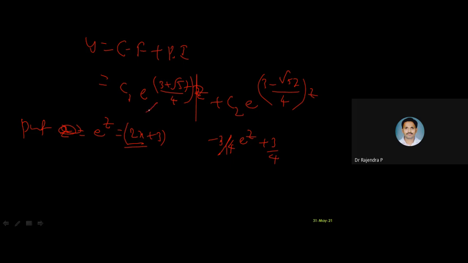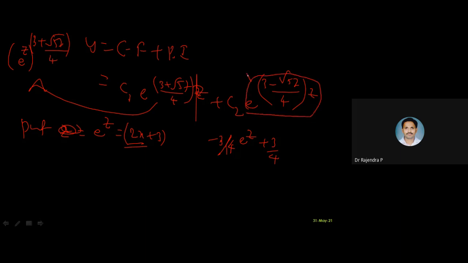This particular term, whatever here, can I write this as e power z whole power 3 plus root 57 by 4? Can I write it up? Anybody tell me? This particular one, can I write it up as e power z whole power 3 minus root 57 by 4?